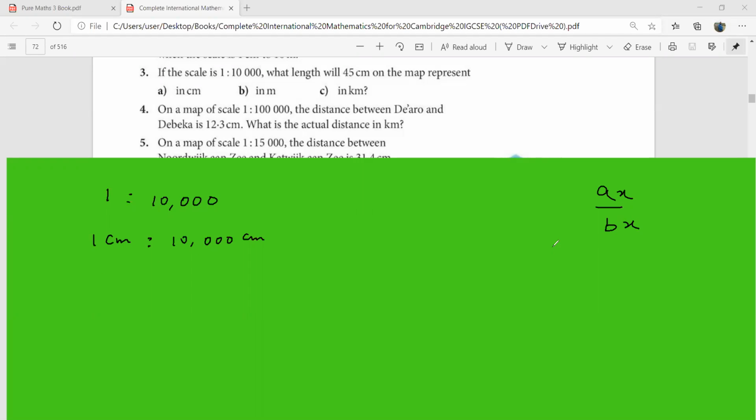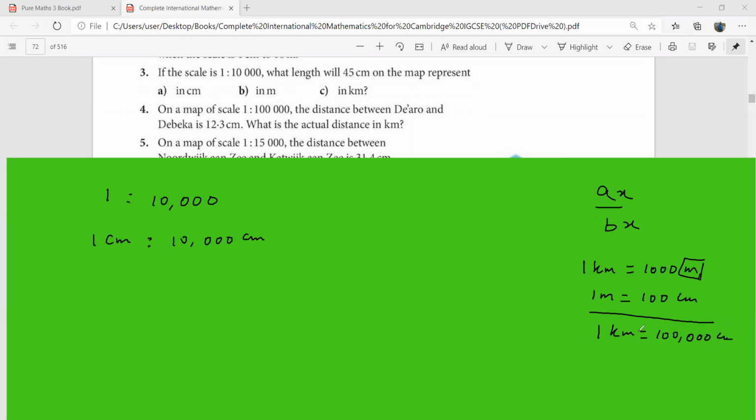Okay, so remember, 1 kilometer is equal to 1,000 meters, and every meter is equal to 100 centimeters. So we can say that 1 kilometer is equal to 100,000 centimeters. Okay, if you change this meter with the centimeters using this rule, so 1 kilometer is same as 100,000 centimeters.